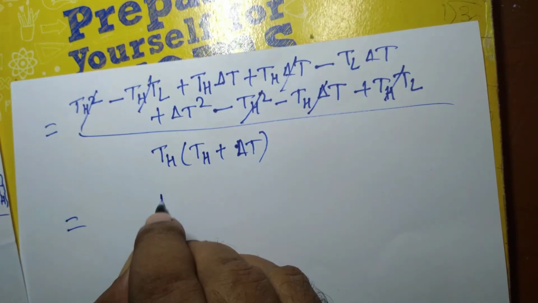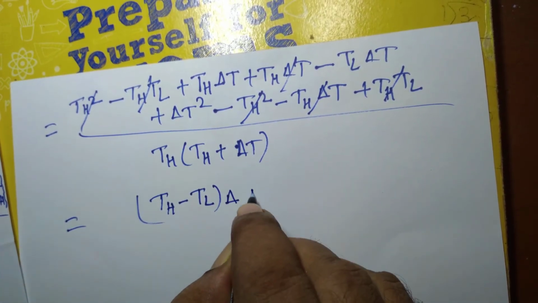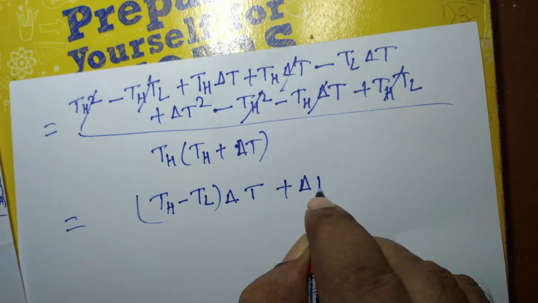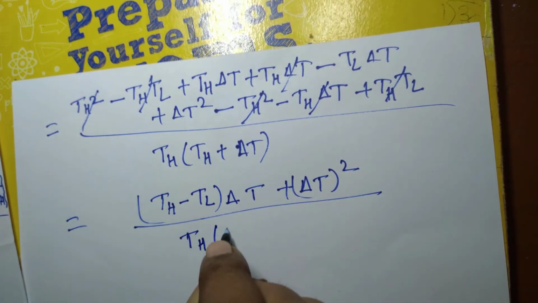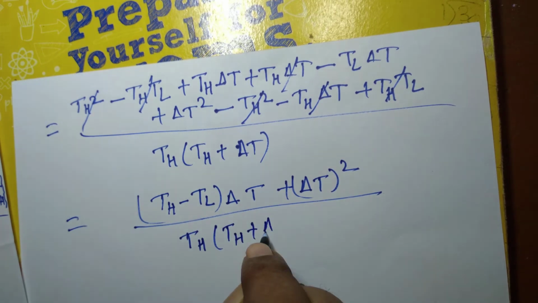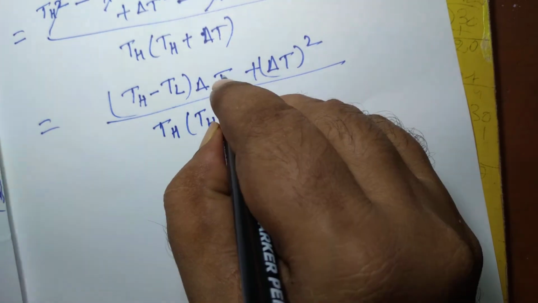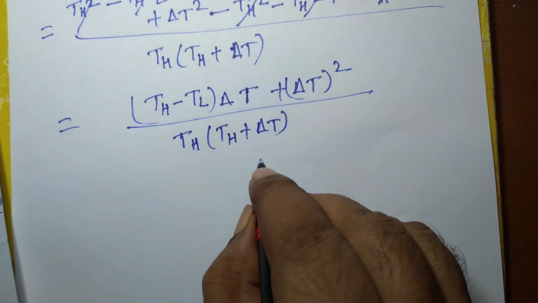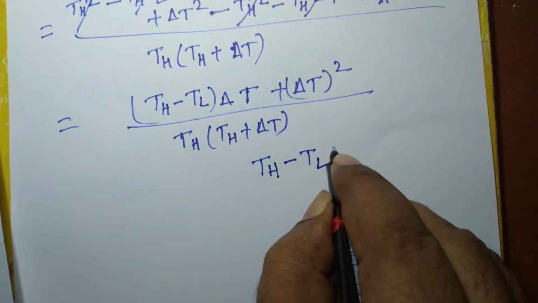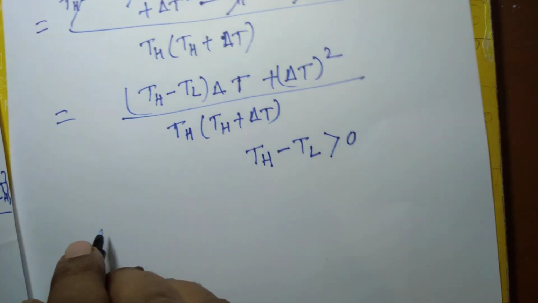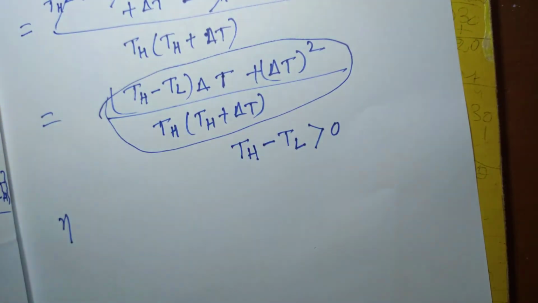Now it remains TH minus TL times delta T plus delta T square, over TH times TH plus delta T. Since we know that delta T is a positive quantity and TH minus TL is also greater than 0, this particular term is positive.